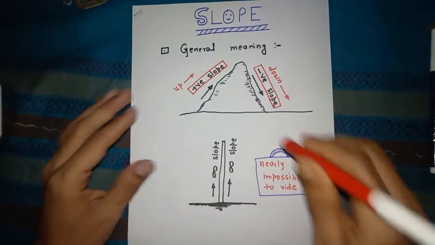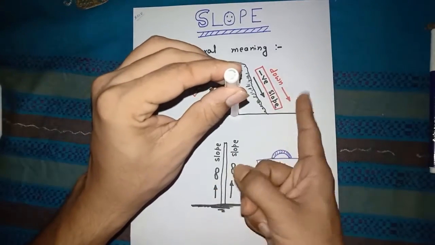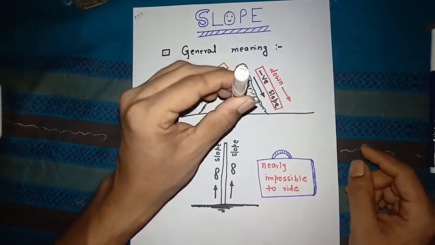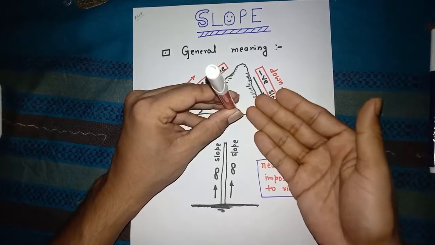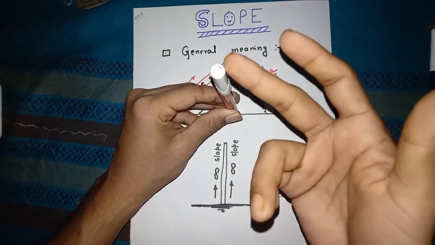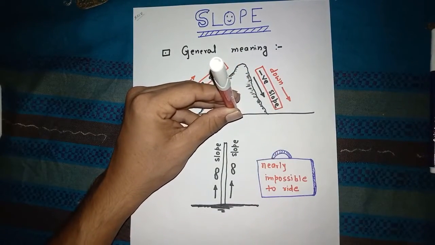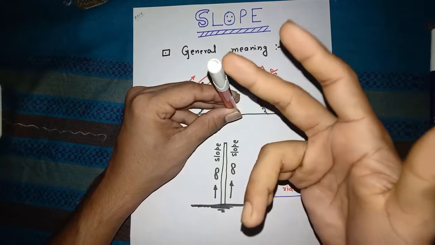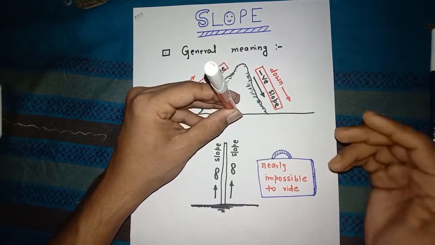So what happens when I put the marker perpendicular to the ground level? You would have difficulty riding up or coming down. This kind of slope is impossible in a real situation.